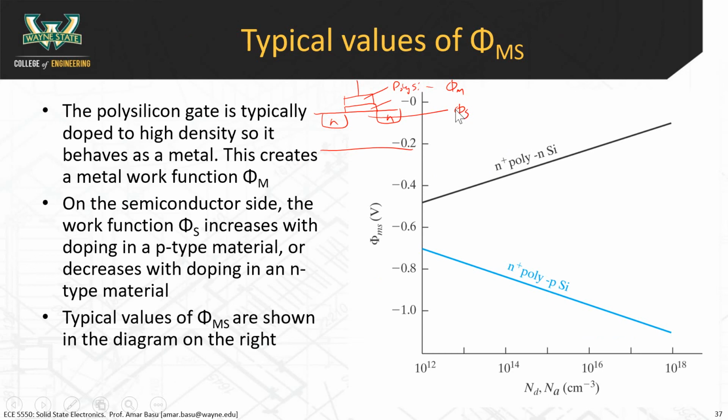And as a result of that, the phi m minus phi s will increase with doping in an n-type substrate, and the phi ms will decrease with doping in a p-type substrate. So this type of chart would actually be provided to you, but this gives you an idea of how the phi ms changes as a function of doping.